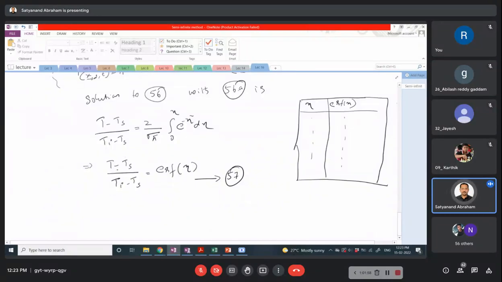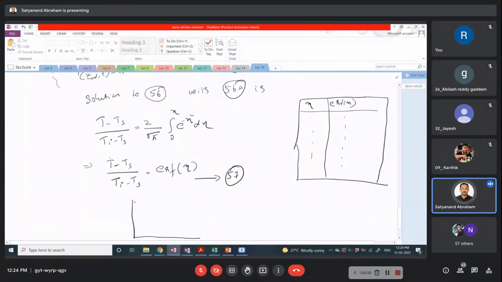Now if you see, T is the unknown value. Ts we know, the surface temperature is the boundary condition. Ti we know, this is the initial condition. And for a particular eta value, you will get the corresponding error function. Therefore, you can draw what T minus Ts divided by Ti minus Ts is going to be.